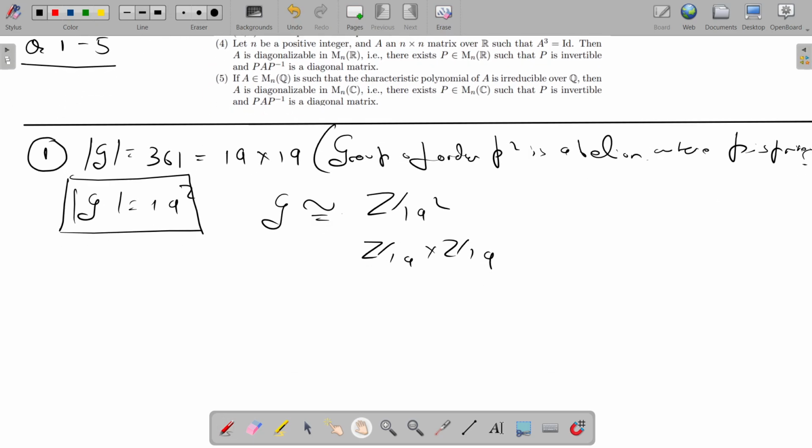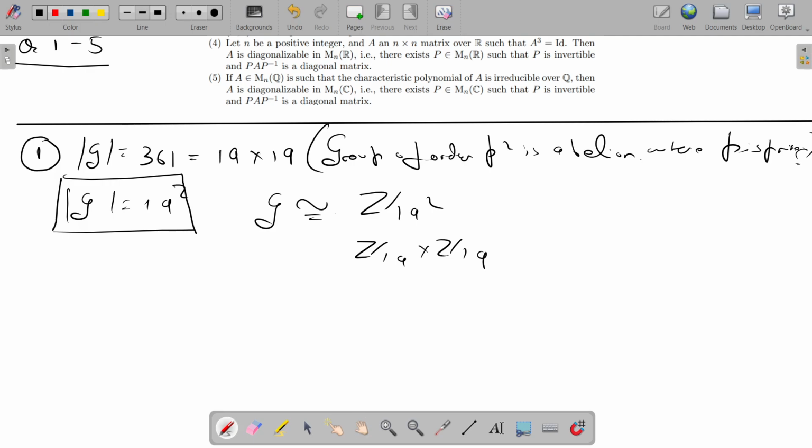So in our latter case, say G is isomorphic to Z19 cross Z19.